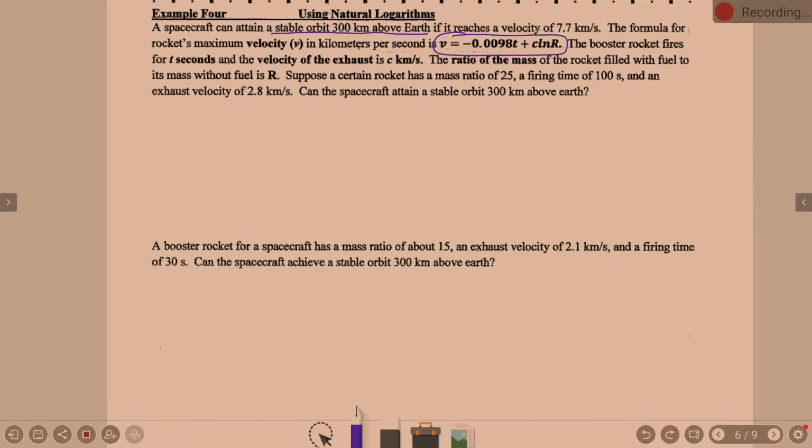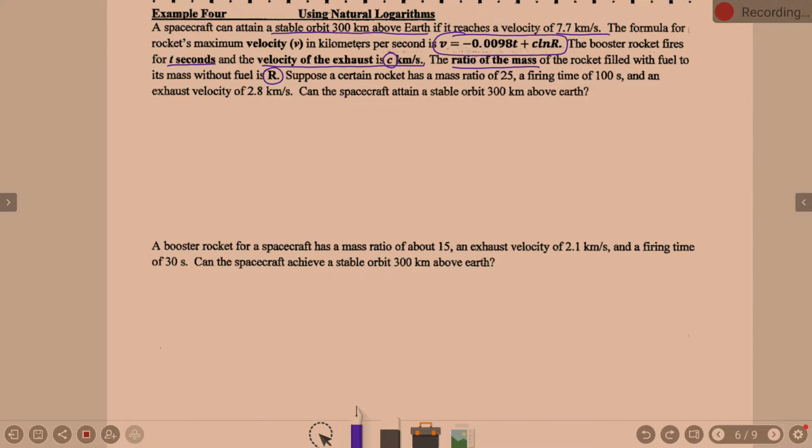The booster rocket fires for t seconds, so t is time. The velocity of the exhaust is c kilometers per second. The ratio of the mass of the rocket filled with fuel to its mass without fuel is R. So you have to read, but they're telling you what all these letters stand for.